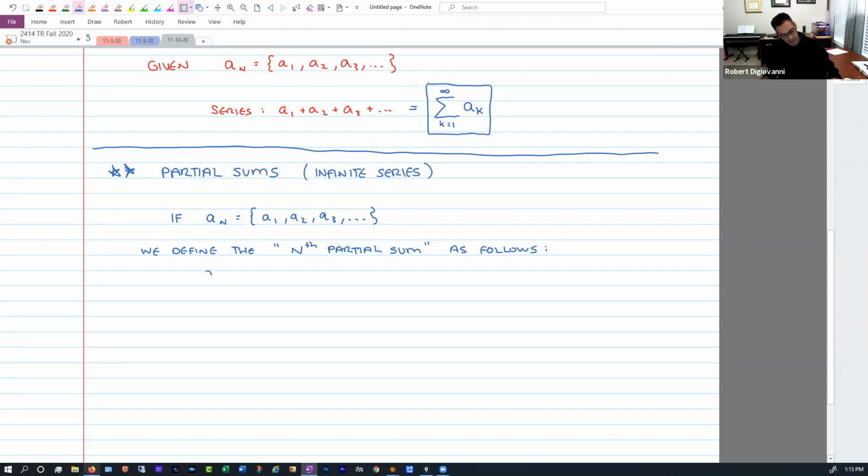We write capital S subscript n equals the sum k equals 1 to n of A sub k.